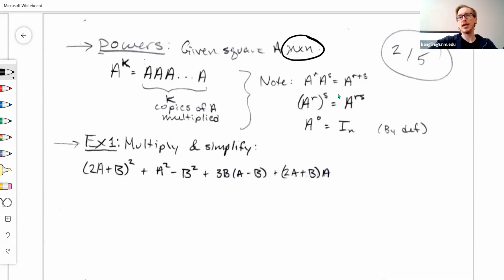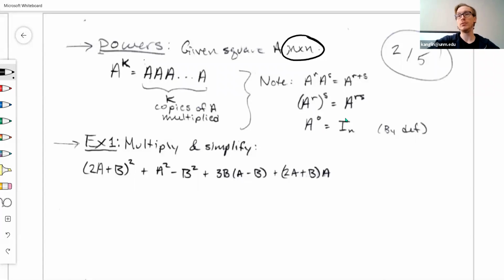A to the r times A to the s is just A to the r plus s, right? Because this is just r copies of A laid out, and this is s copies of A laid out. Together, you have r plus s copies of A. Similarly, you can show that for integers r and s, A to the r raised to the s is A to the r times s, just like it is for numbers.